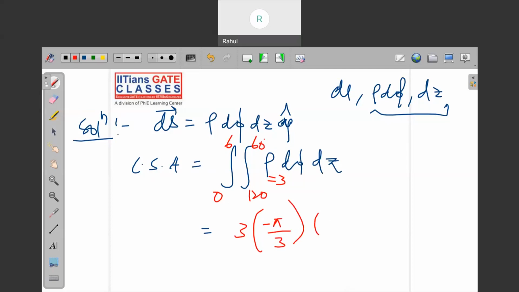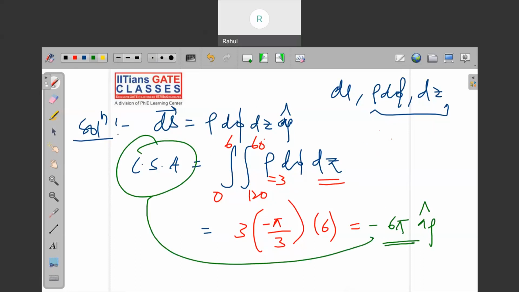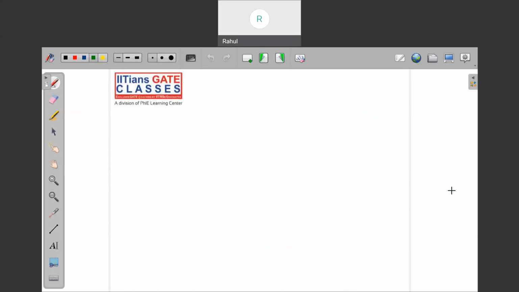And this is 6, because after all this is constant, so 1 dot dz will give you z only, and then you can put the limit. It will be a very easy integral. I think everyone can do it. So this will give you the answer as minus 6 pi, and the direction will be this. After all this is area, so area will have the magnitude and this direction, that is a rho cap. So I hope this is clear for everyone.